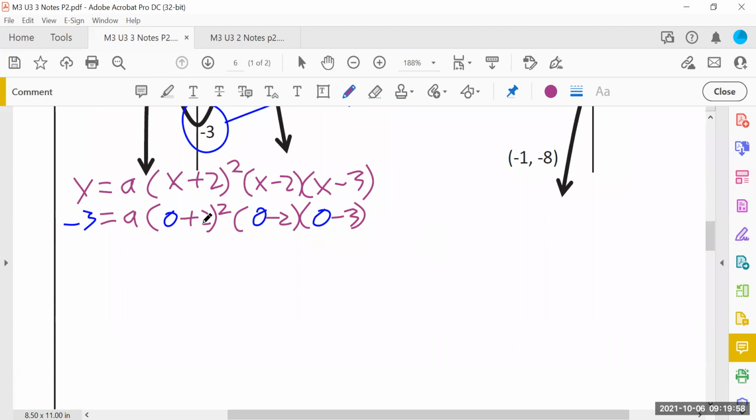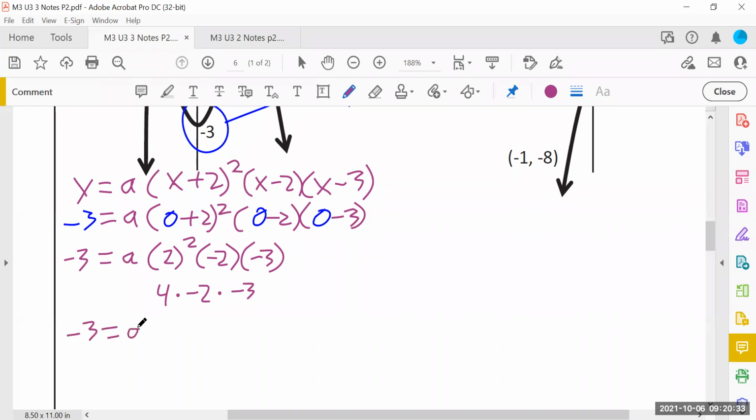Simplify. 0 plus 2 is 2, squared, times -2 times -3. 2 squared is 4 times -2 times -3. All of that together, well, we end up with -8, end up with positive 24. -3 equals A times 24.